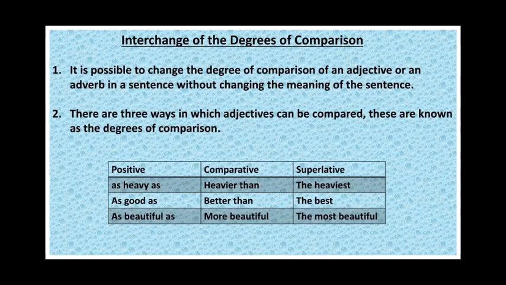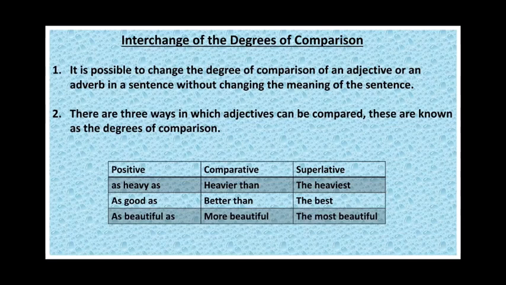So children, in front of you there is a table which has the positive, comparative and the superlative degree. Under the positive degree we have as heavy as. For that the comparative is heavier than. And then we have the heaviest.